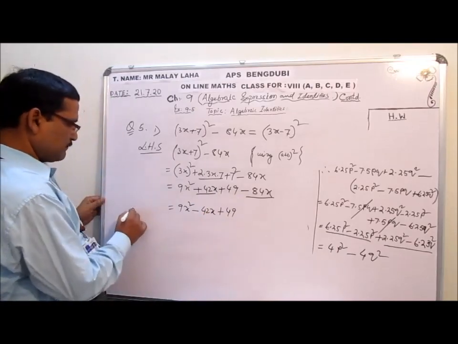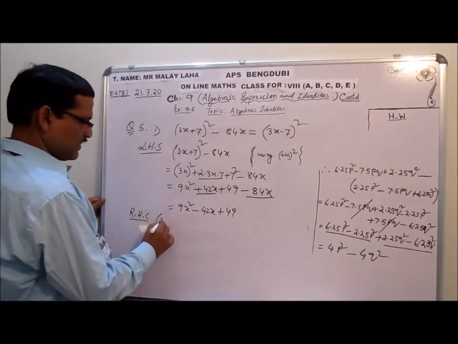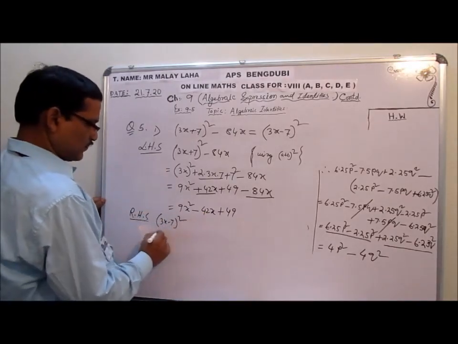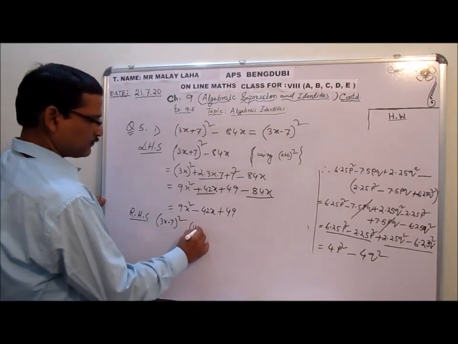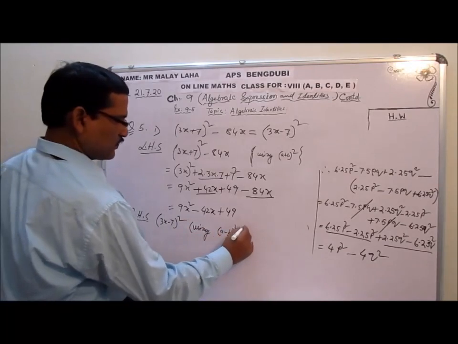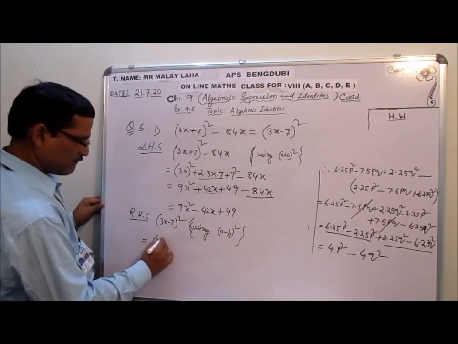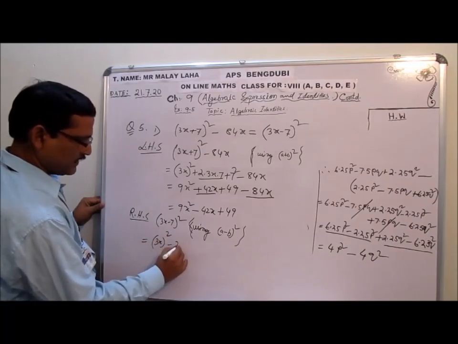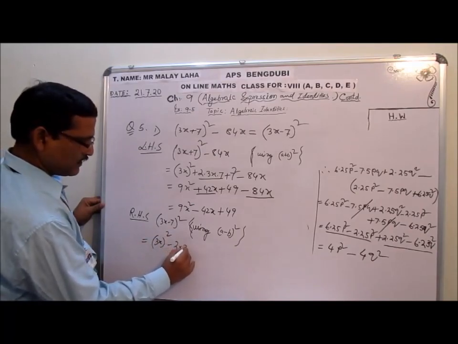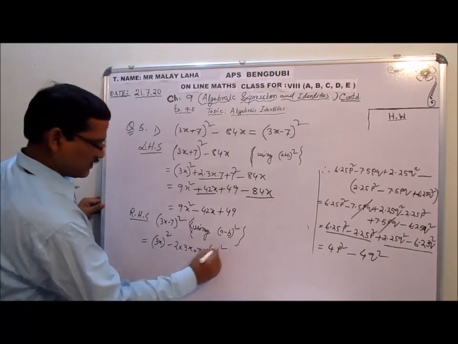Now RHS is (3x minus 7) whole square, using (a minus b) whole square. So a square, minus twice ab, plus b square, meaning 7 square.